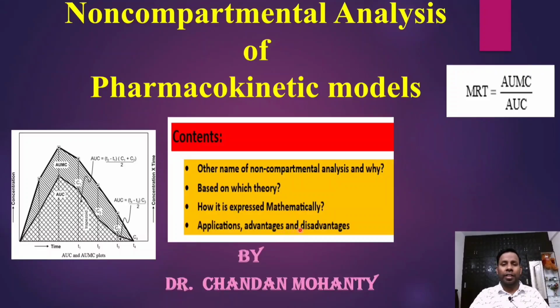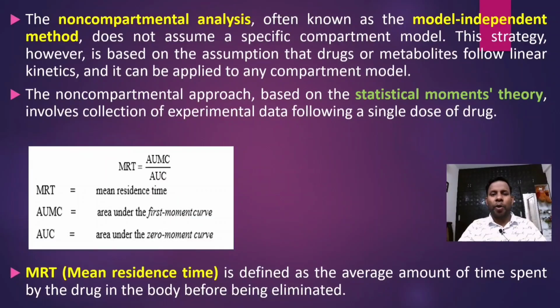So let's start. This non-compartment model is also known as the model independent method, because unlike the pharmacokinetic model, here we will not assume that our body has some compartments. There are no such assumptions. Hence this non-compartment analysis is also known as the model independent method.